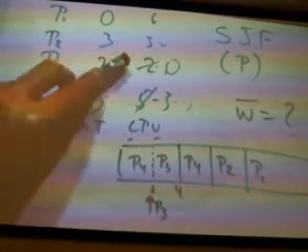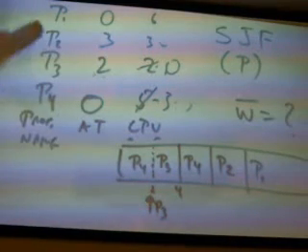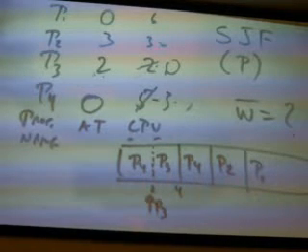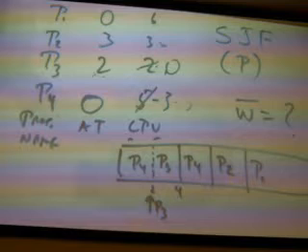At that time, you have 2, 3, and 6. So the process that gets the CPU, you allow to run until the end, and at that point you check the CPU time for each one of them. The one with the smallest CPU time gets the CPU.